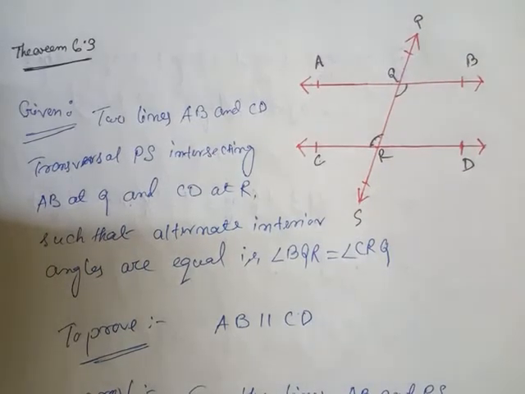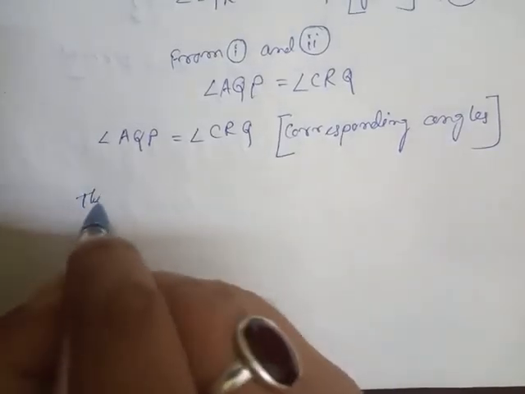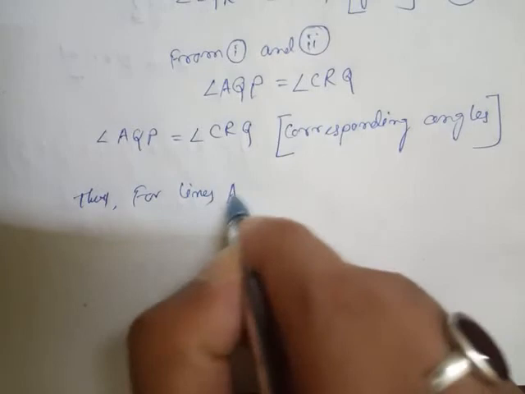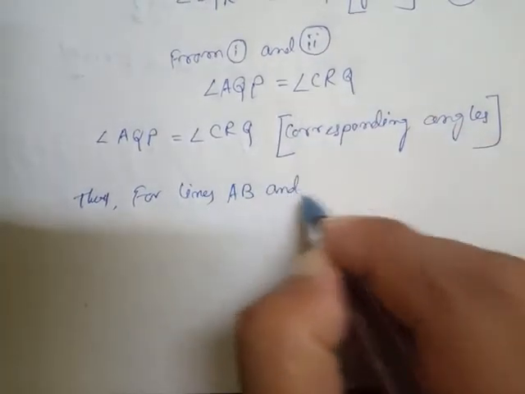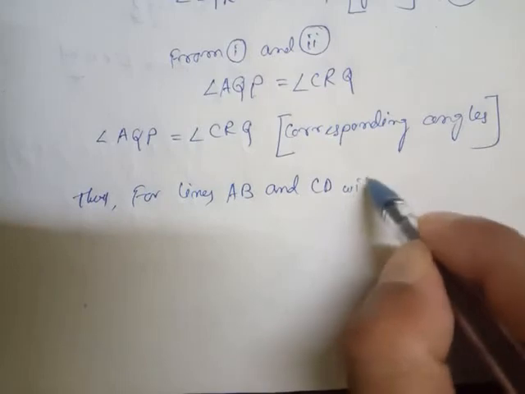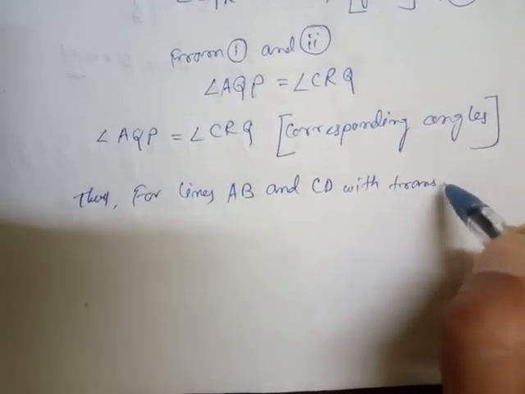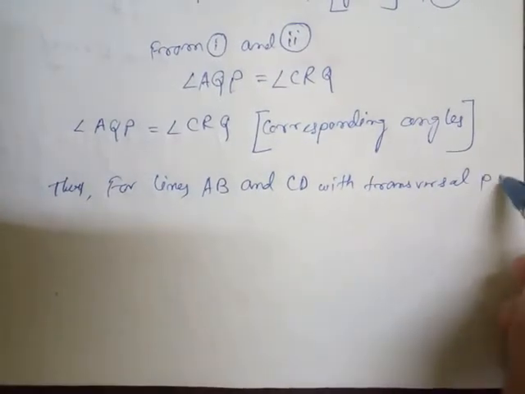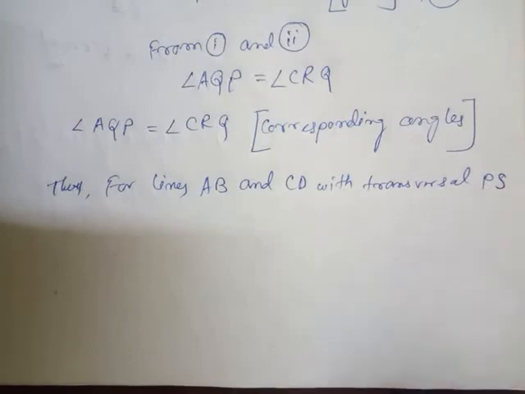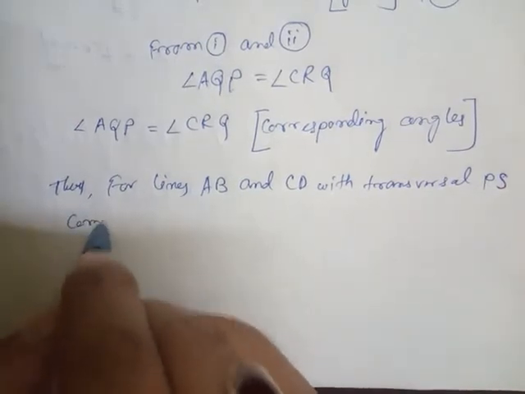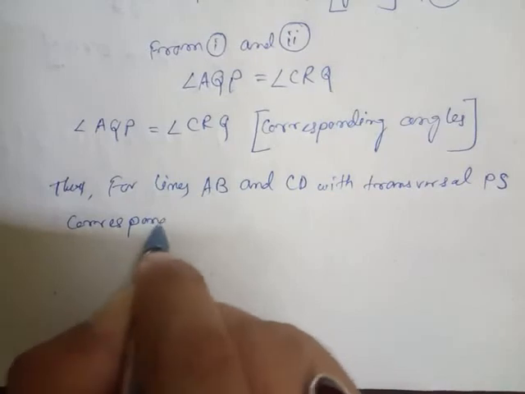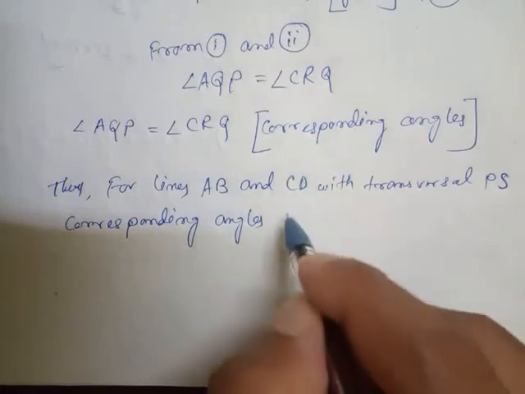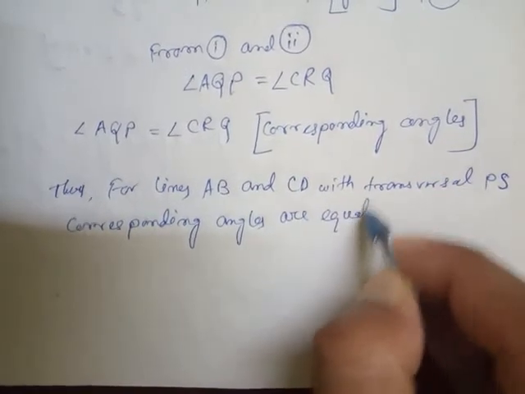So we'll write here now, thus for lines AB and CD with transversal PS, corresponding angles are equal.